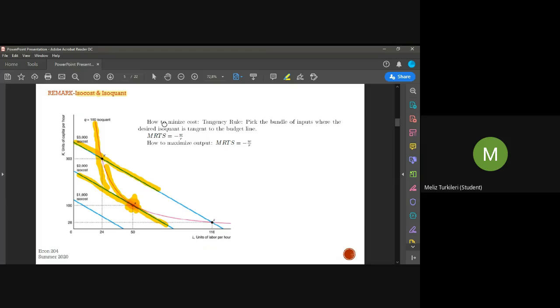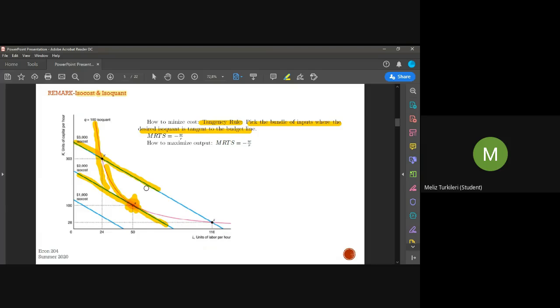Okay? What it says, we need the tangency rule to find the minimization. Okay? We need to pick the bundle of inputs where the desired isoquant is tangent to the isocost line. Okay? So that's all.